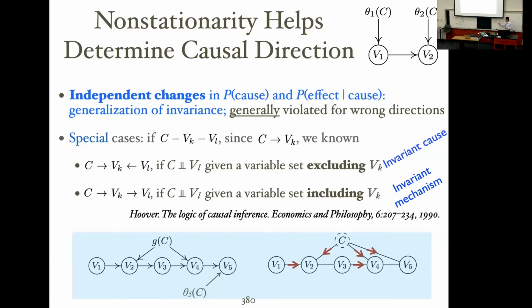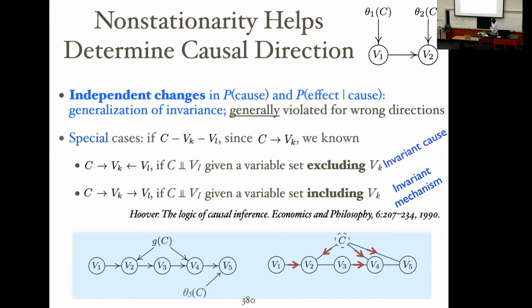That means it's invariant, right? So here, basically, you can think of invariance as a particular conditional independence relationship. If C and VL are independent given VK, then it's equivalent to having invariance, as you can see from here.